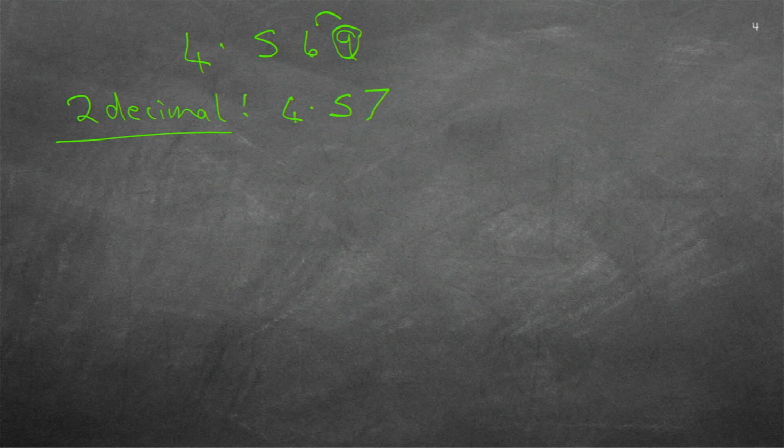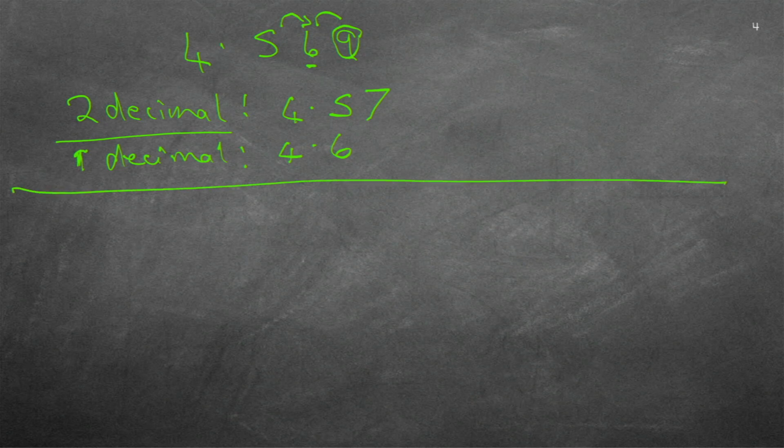If they ask us to round it off to 1 decimal place, then we look at the first decimal, and the number on the right, which is 6. It is 5 and over, so we're going to round it off to 4,6. You all understand?